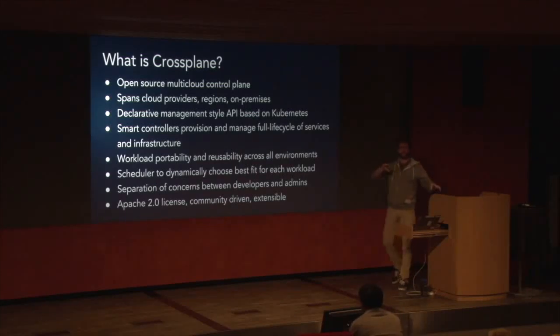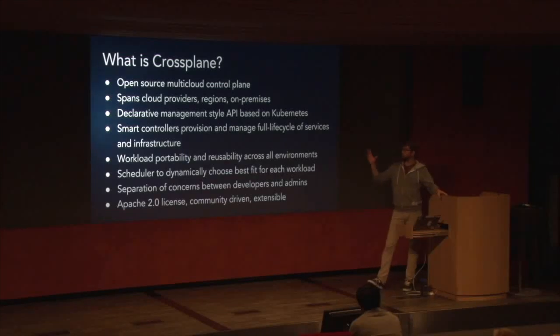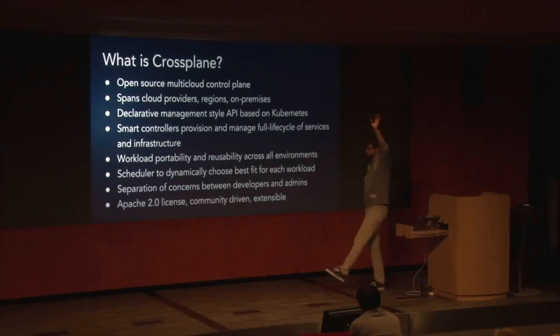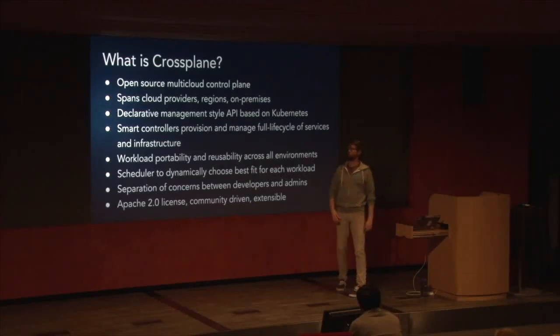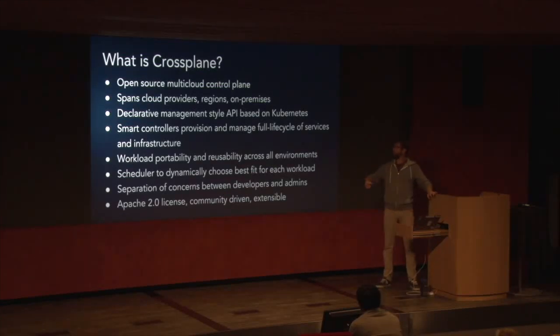So Kubernetes can be thought of as a control plane for a cluster, figuring out where to run the pods or how to set up services and load balancers and ingress and all this sort of stuff for one cluster. And so you can think of Crossplane as a natural extension of that, a control plane for many clusters, for many clouds even.